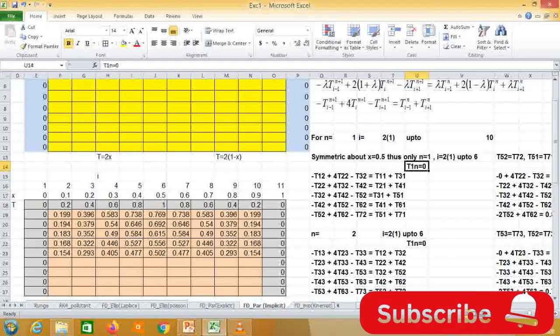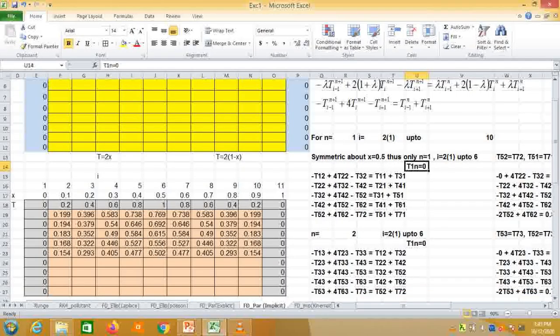So negative t 1,2, plus 4 times t i, which is 2, n plus 1, which is 2 again, so 4 times t 2,2, minus t of i plus 1, which is 3, n plus 1 is 2, so t 3,2, is equal to t of i minus 1, which is t 1,1, plus t of i plus 1, which is 3, n is 1, so t 3,1. So we just found the first line.